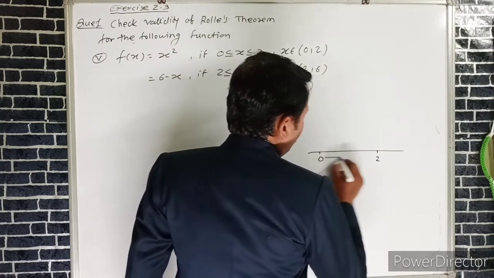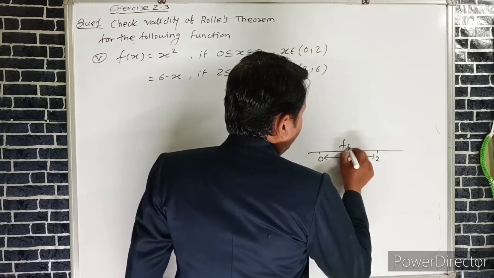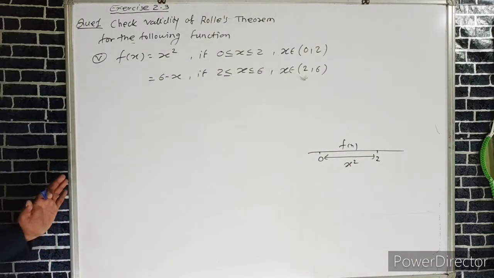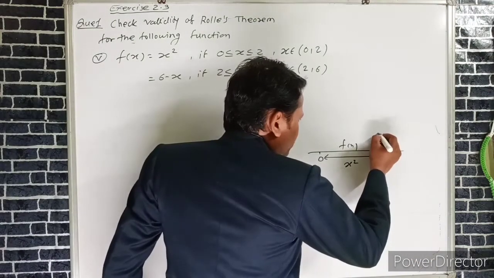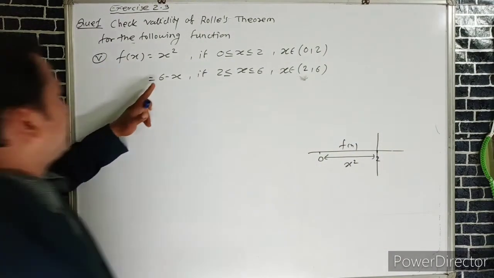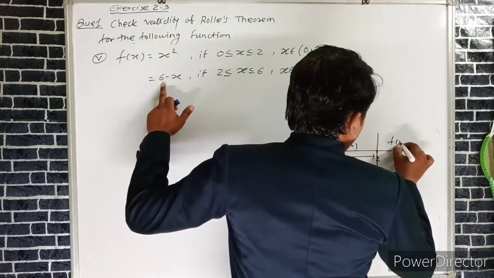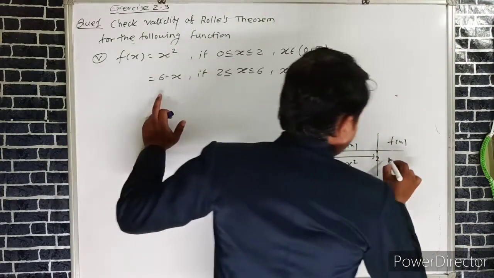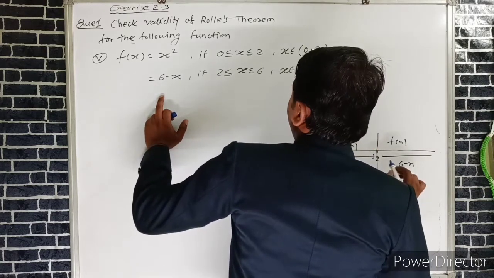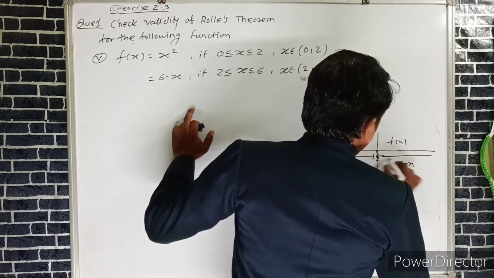This function x square is continuous, and when the function f of x is 6 minus x, then its interval is given as 2 to 6.